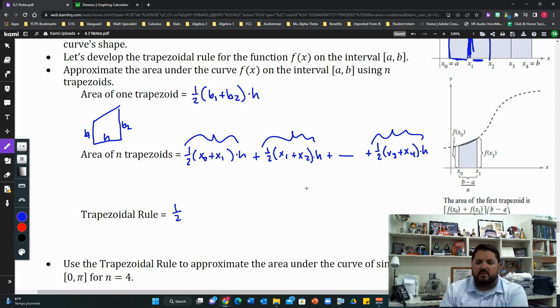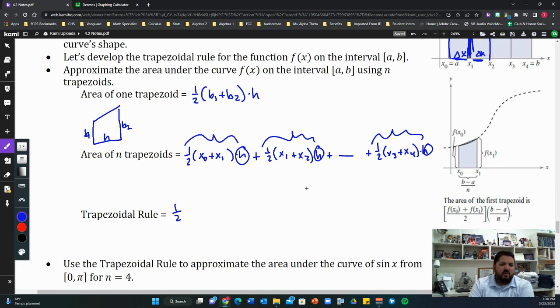I don't need to multiply all these by 1/2 individually, just do it at the end. They also all have an h value, because that h is like the common width of our rectangles. When we turn it on its side, what used to be called the height is really the width of each one of those. So we could pull that h out, but instead of calling it h, let's call it what it really is, our delta x.